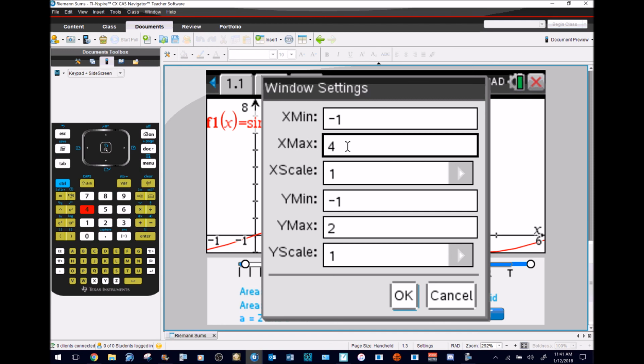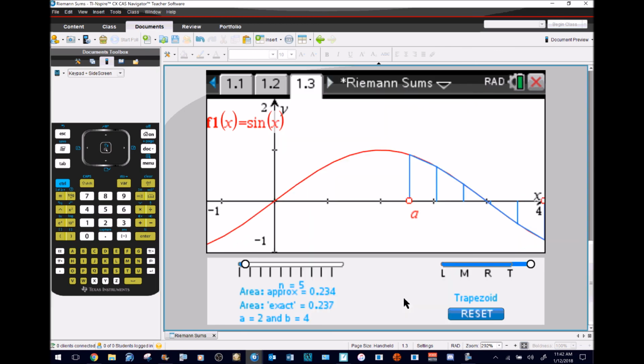Well, that's not a big deal because I can just make that happen with my scale. So I'm going to make my scale pi divided by 4. What a great scale here to use because that seemed to be the increments that I was using. All right, so if I hit OK, now what I've got is a lot better representation of really what this problem was asking me to do.